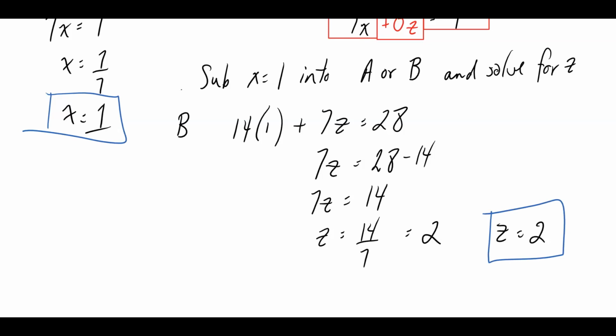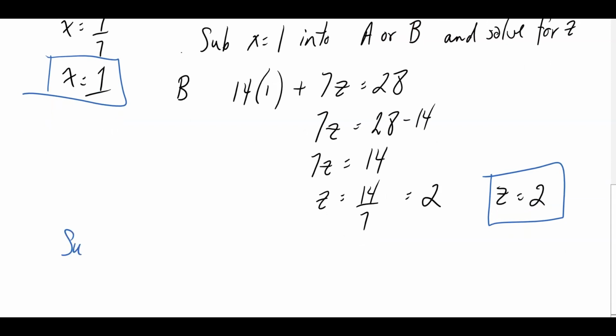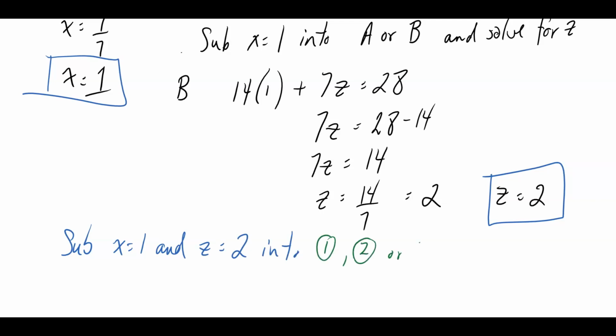We choose an equation that has y in it, which is one of our original three. We sub in x equals 1 and z equals 2 into either equation 1, 2, or 3. So let's write that down. Sub x equals 1 and z equals 2 into 1, 2, or 3. Doesn't matter. And then solve for y. And we'll have the y.